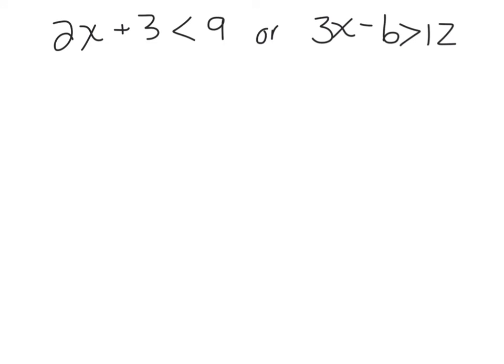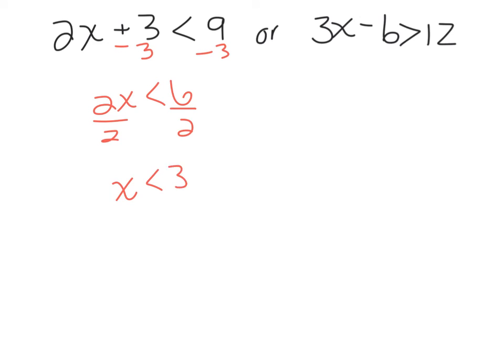"Or" inequalities are great because you just solve each inequality separately. I'm going to start with 2x plus 3 is less than 9, and I'm going to solve it the same way I've been solving inequalities so far. I'm going to start by subtracting 3 from both sides to get 2x is less than 6, and then divide both sides by 2 to get x is less than 3.